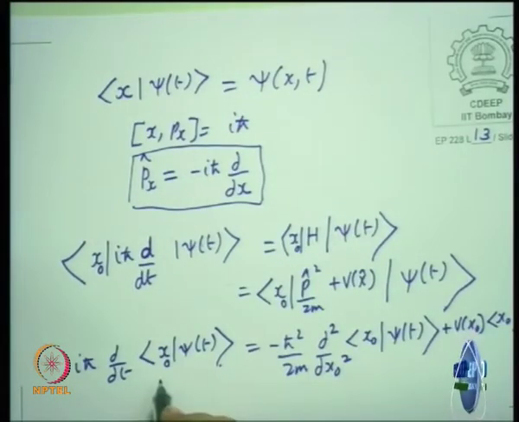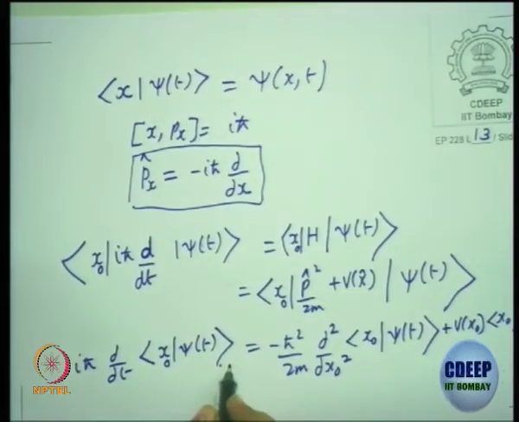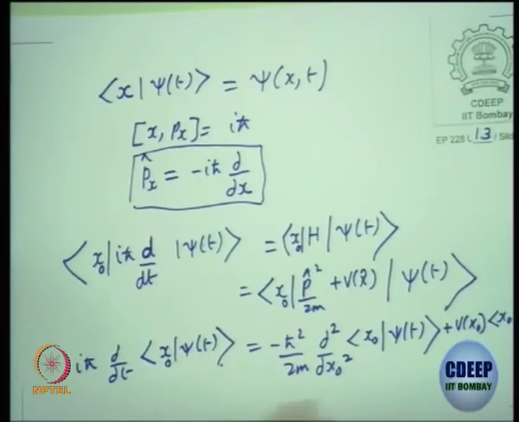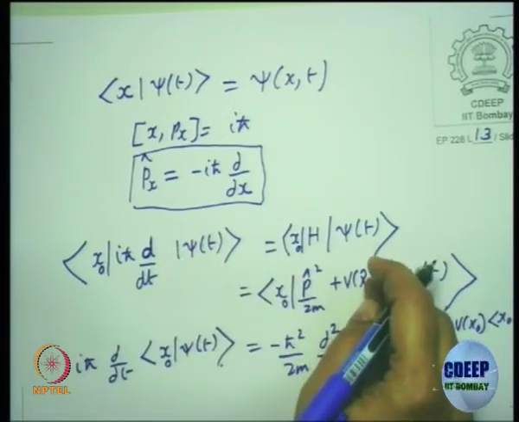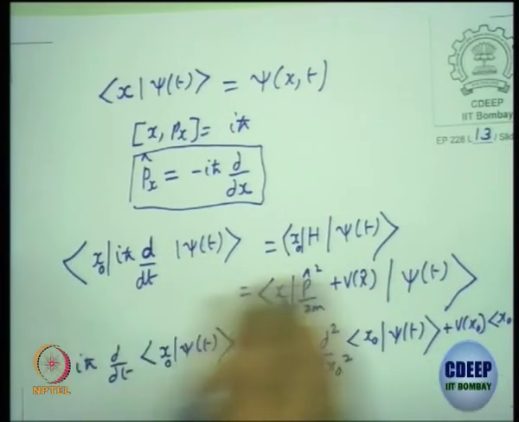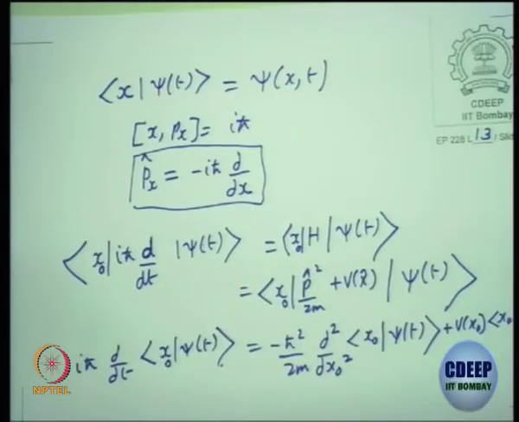So, what do we reproduce? This one is your wave function at a position x naught, and this is the familiar differential equation which you have been studying in the wave function formalism, which we have reproduced starting from the equation on the ket vector psi of t. Is that right?